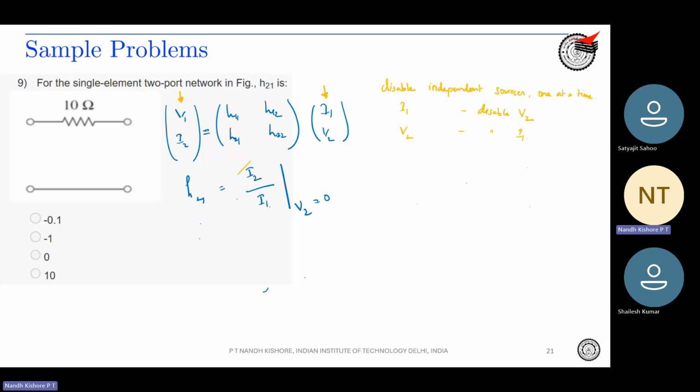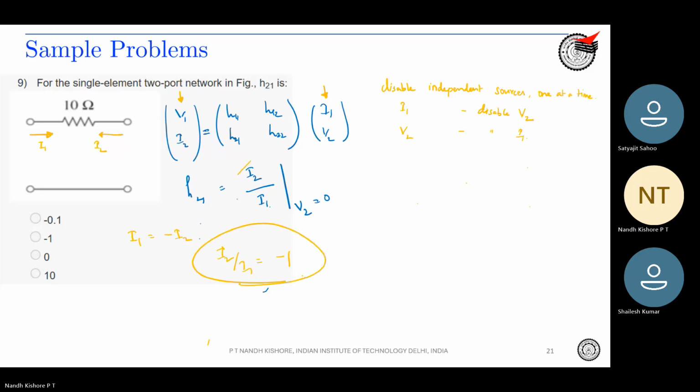Fine. So put V2 equal to 0. Okay. So we have put V2 equal to 0. Now in this network, let us mark what is I1 and I2. By definition, we know that I1 goes like this and I2 goes like this. From this, can you write what is the relation between I1 and I2? I1 is equal to minus I2. So I2 by I1 would be what?